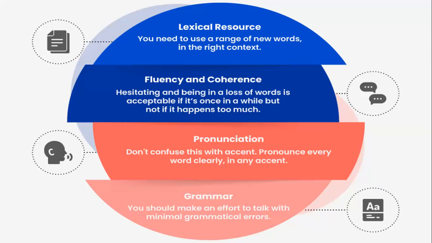Then pronunciation. When pronunciation comes to mind, the first thing that comes is whether to speak American or British. No, you can talk in any accent, but the sound should be clear enough. What you pronounce must be clear.